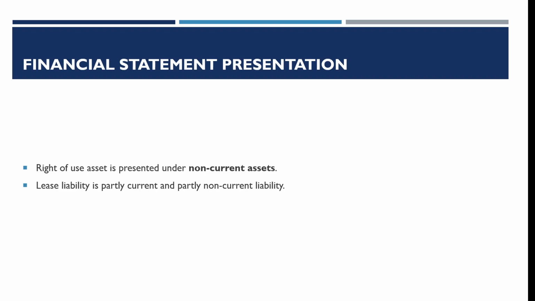Kasi, nagkakaroon tayo ng mga periodic rentals. Therefore, may mga portion na nagiging current at may portion pang nagiging non-current. Okay? Lease liability, partly current, partly non-current. Ang right of use asset under non-current assets yan, specifically, property, plant, and equipment.